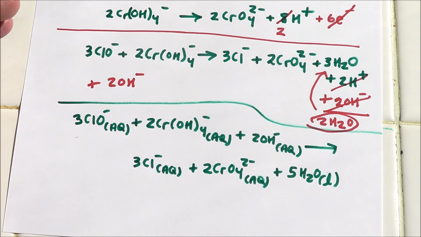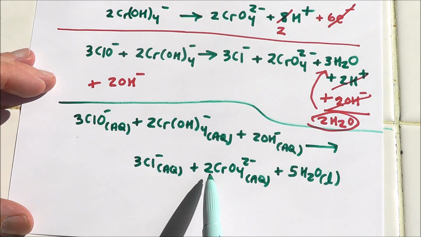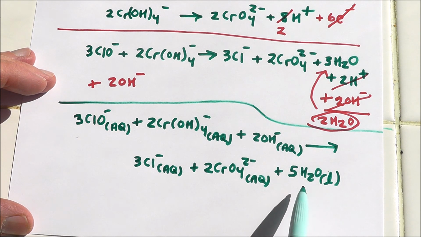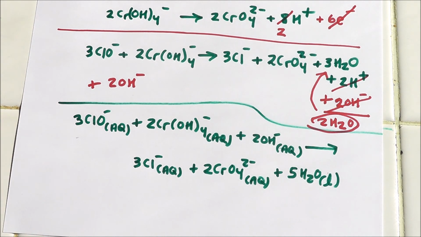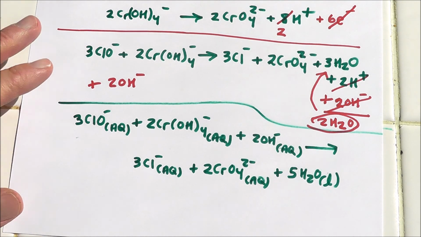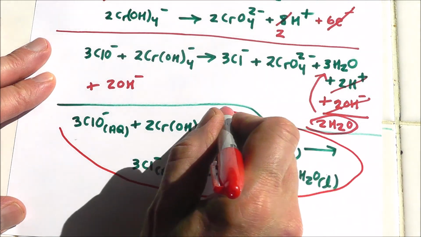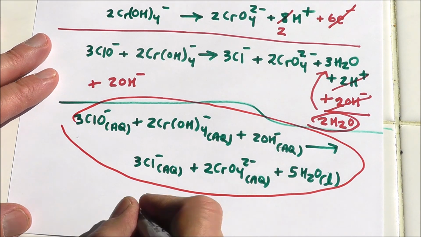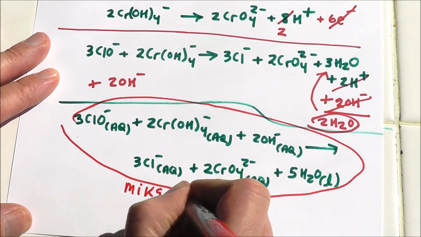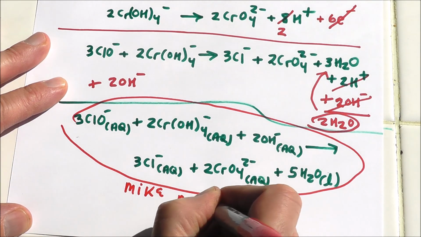Now we better have 13 oxygens on the right, and hopefully we do. 2 times 4 is 8 oxygens, plus 5 is 13 oxygens, and so this is able to be blessed as the correct answer. All right.